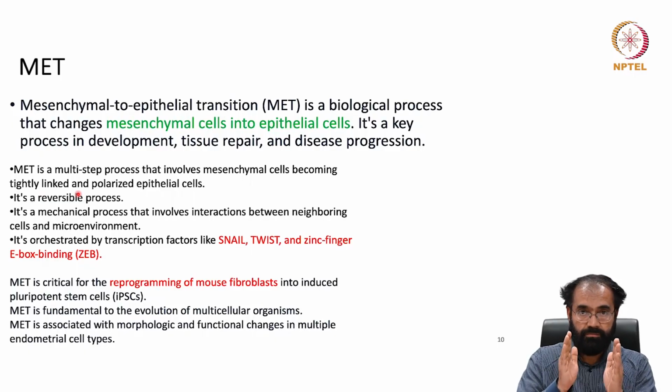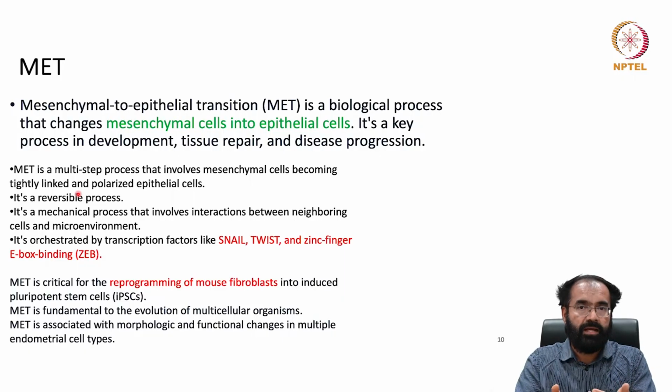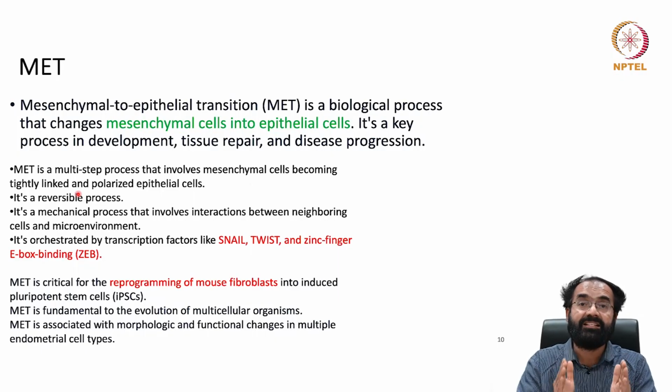They have to go from a wandering, spindle-shaped cell to a properly shaped cell, because cytoskeletal properties change and gene expression events change, and they get settled and attached onto the basement membrane. And it's a reversible process. If a cell became an epithelial cell, it can become mesenchyme again. It is just a question of time and a question of gene expression.